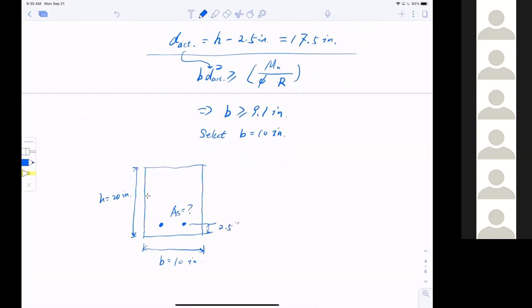And I know that this section has to take care of mu equal to 153, I believe, cubic foot. So what to do? What to do is this. We need a rule quiz 5, to find out what is the reinforcement area for this. What is the reinforcement area for this?